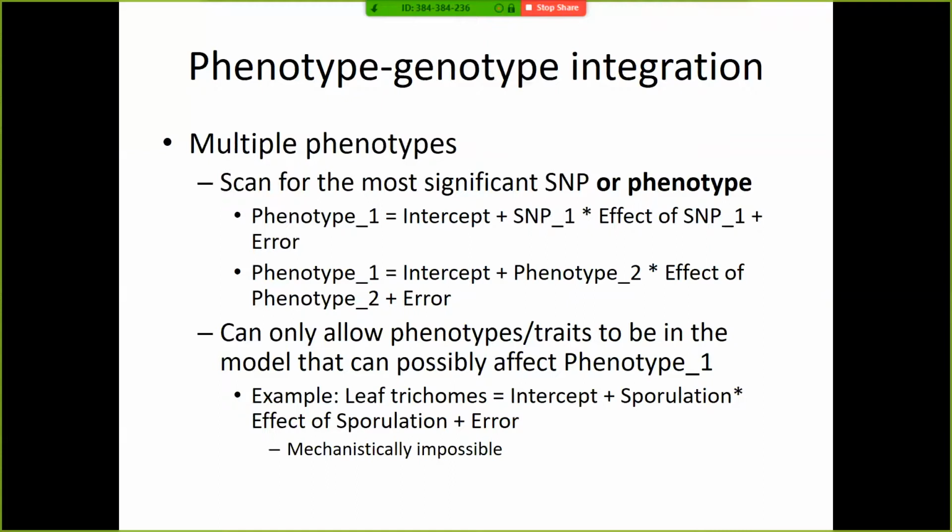In order to do this, we need to be sure that we include effects that make biological or mechanistic sense. For example, if we have leaf trichomes being affected by sporulation, that doesn't make sense because leaf trichomes were present on the leaf prior to inoculation. So that model will not make sense, and we wouldn't consider it.